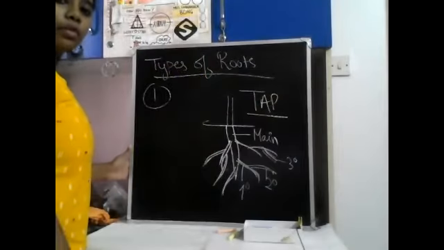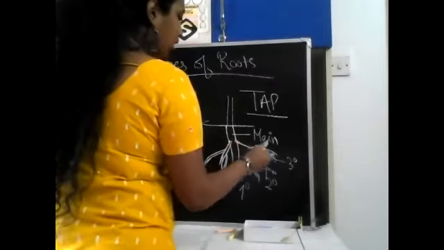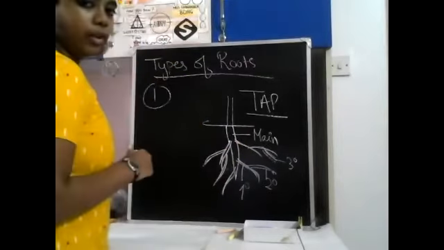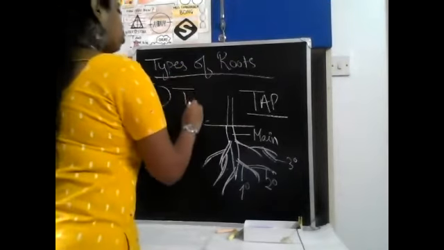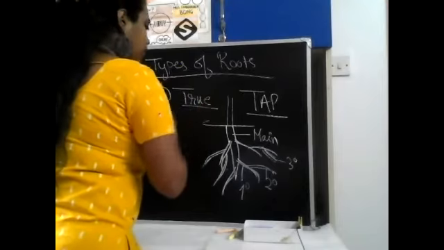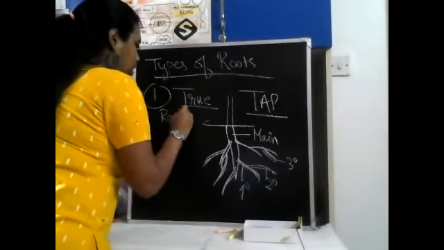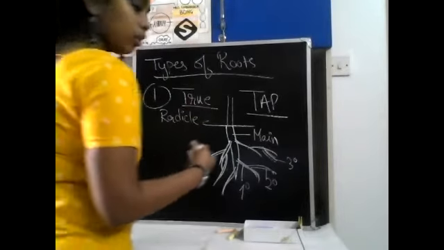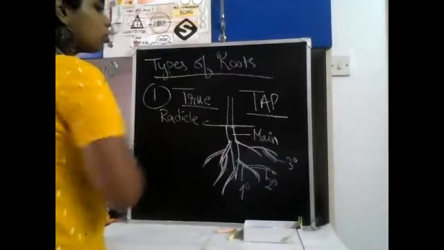So in a taproot system, you have a main root and you have primary, secondary, tertiary roots that branch from the main root system. This is a true root because it comes from the radicle or the base of the plant. Simply, if you want to say it in common words, it comes from the base of the plant. So it is a true root.